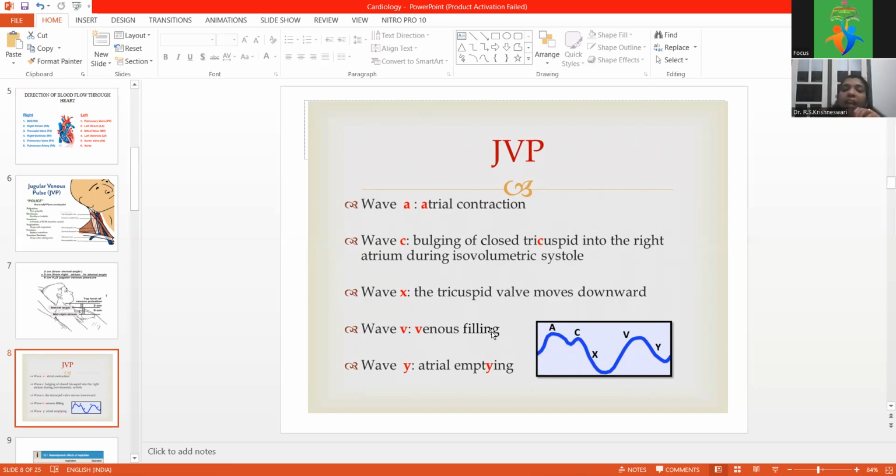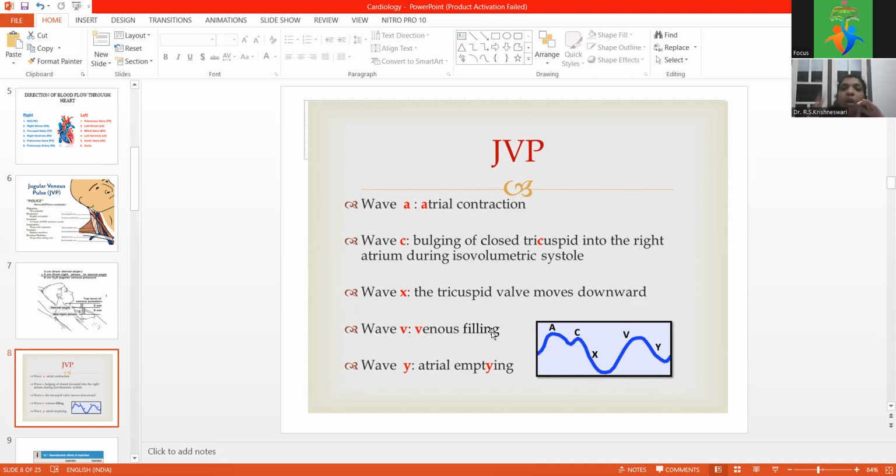That is, when there is atrial contraction, what happens? The blood from the atrium flows towards the ventricle. We know that. In the previous slide, we have seen that. So when there is atrial contraction, the blood from the atrium flows towards the ventricle, so the ventricle will be in diastolic phase, in relaxed phase.